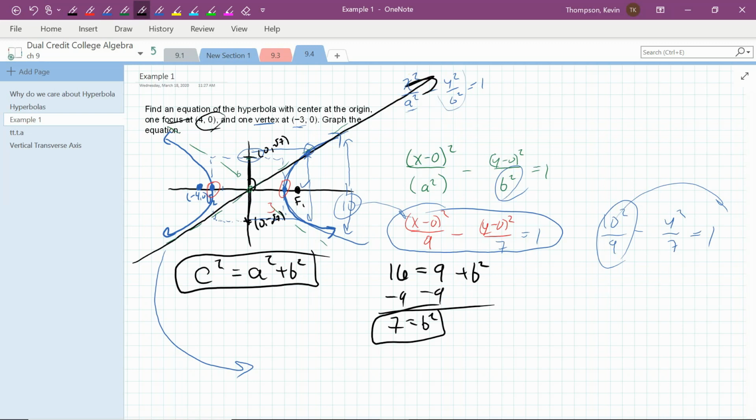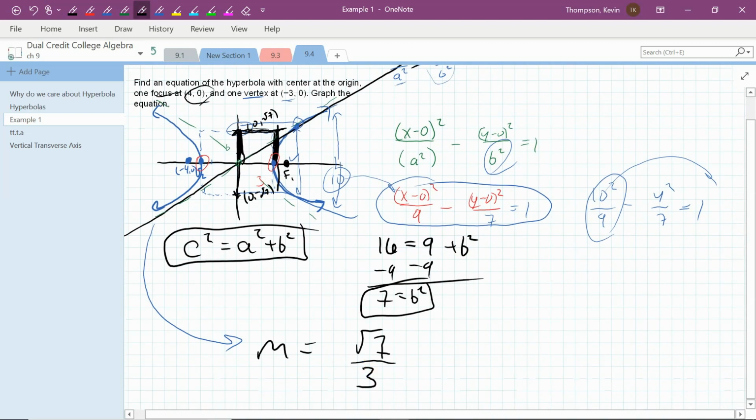So what is the slope of that line? Well, the slope of that line would be rise, which is going up along the conjugate axis, so that would be square root of 7. The run is how far over I have to go, and that should correspond to the vertex, because that should be the edge of the box. Well, in this case, that was 3.